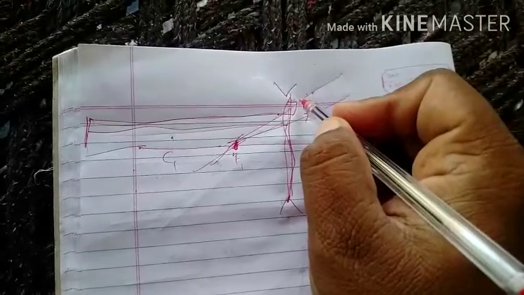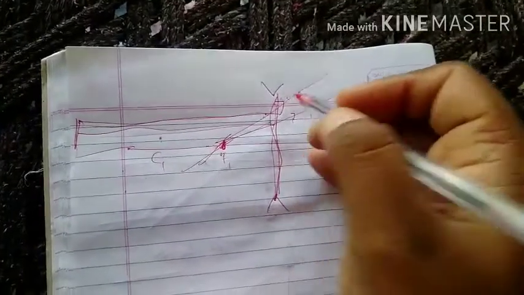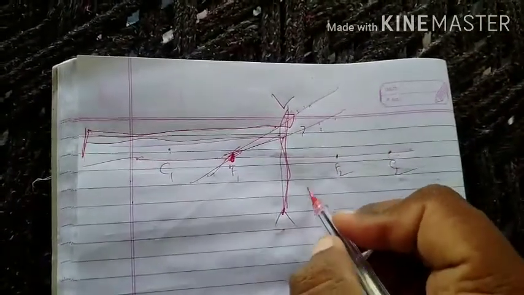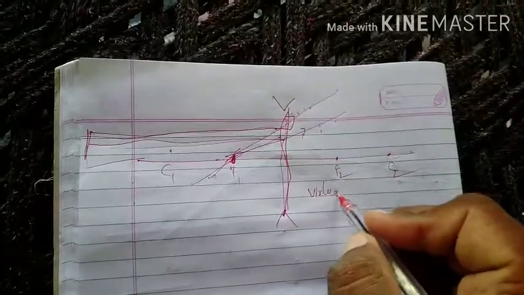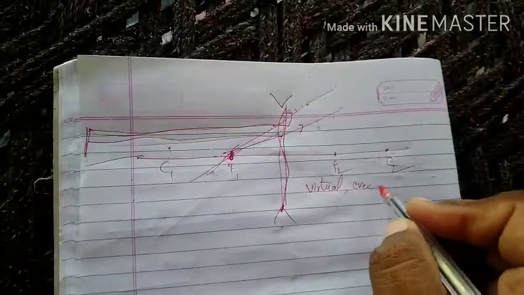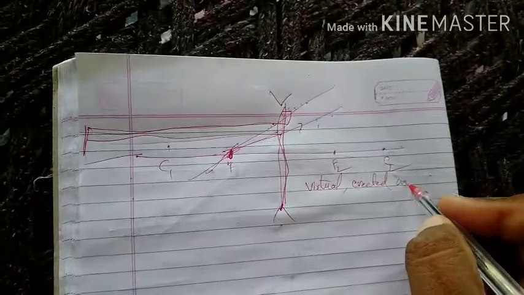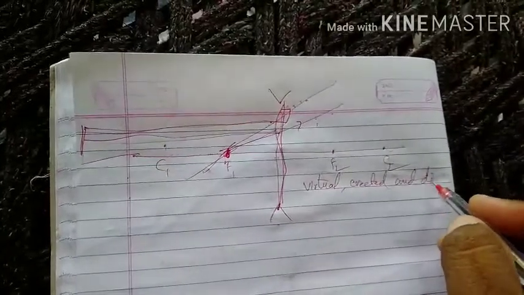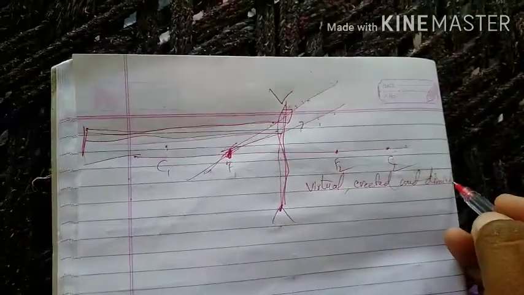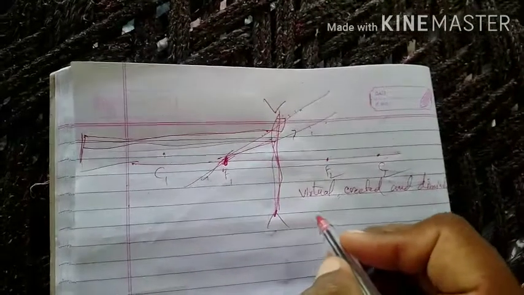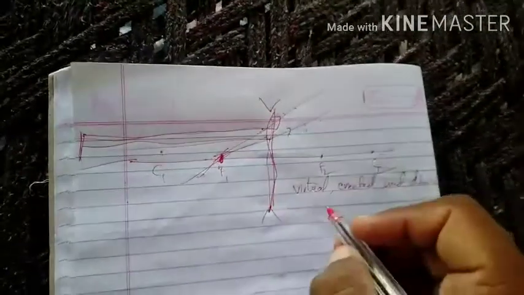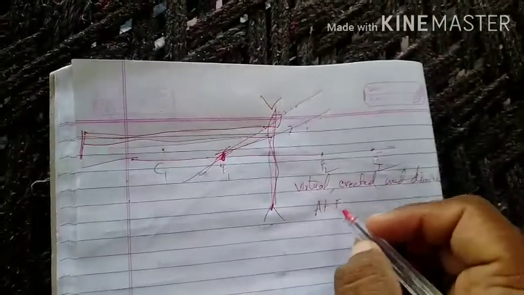Due to this divergent beam, the image created is virtual, erect, and its size is obviously diminished, smaller. And where is the image? The image is formed at the focus.